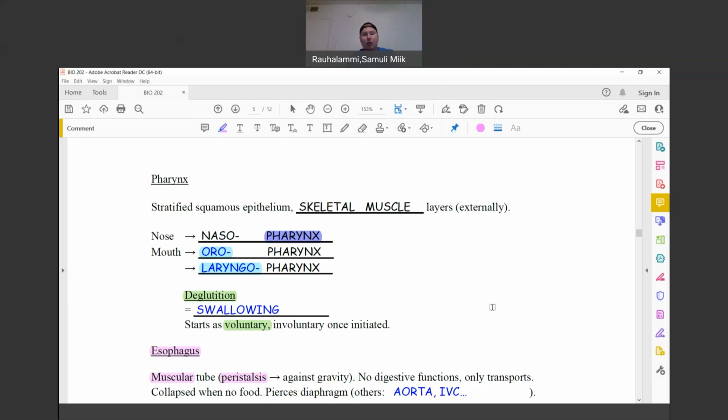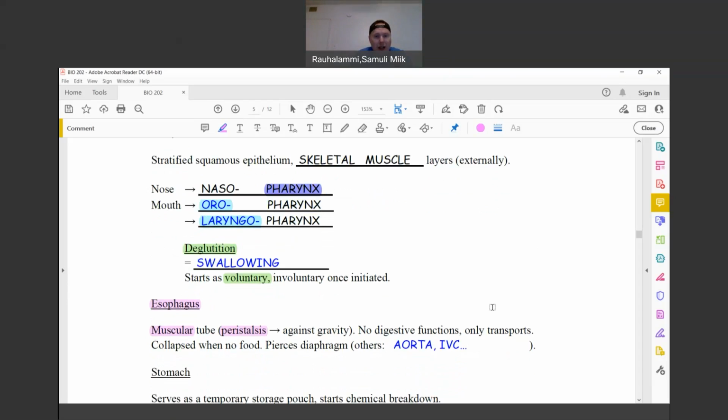It is simply a transportation tube. It's one of the few structures that pass through the diaphragm. There are not a lot of structures that pass through the diaphragm. The aorta, inferior vena cava, and oesophagus come to mind as the immediate ones.